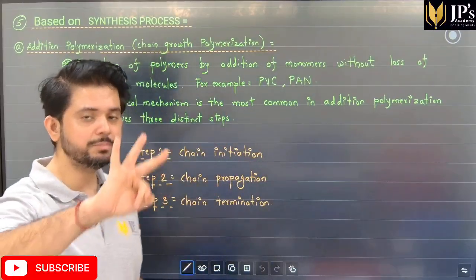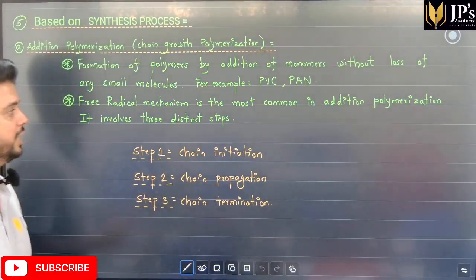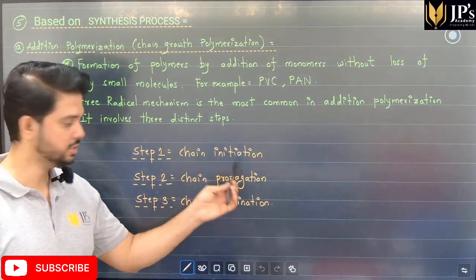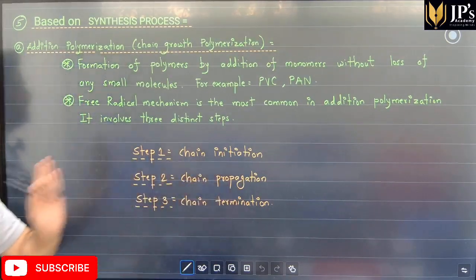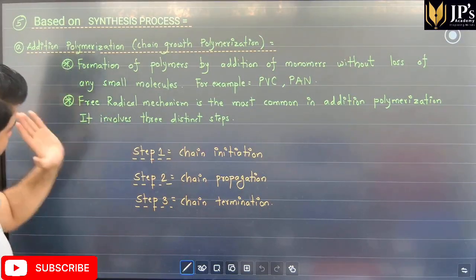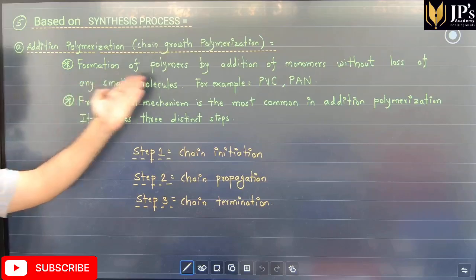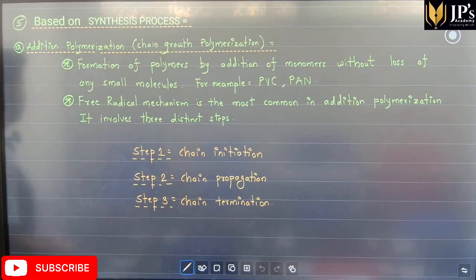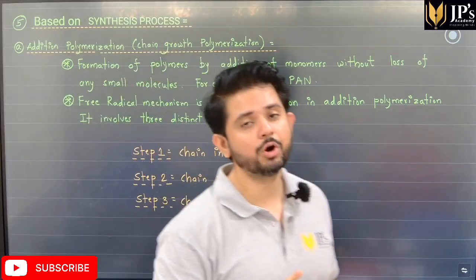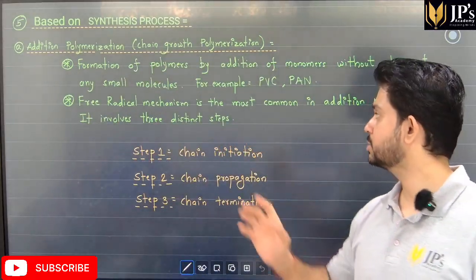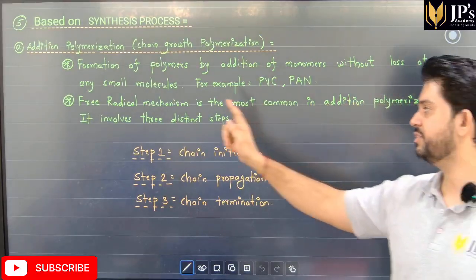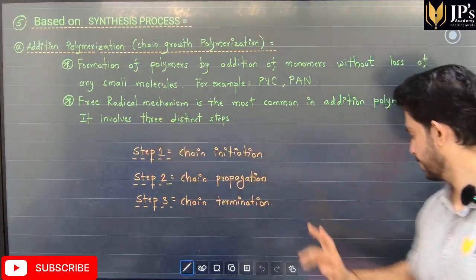There are 3 very important steps involved in chain growth polymerization: initiation, chain propagation and chain termination. So we will understand these in detail, but let's just quickly go through the points. The formation of polymers by addition of monomers without the loss of any small unit, a small molecule, is called addition polymerization, which is free radical mechanism.